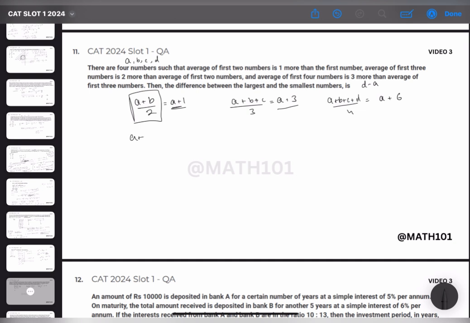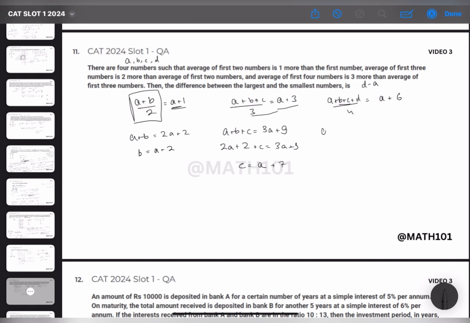So we get a plus b equals 2a plus 2, so b equals a plus 2. Using this, we get a plus b plus c equals 3a plus 9. Substituting b, a plus a plus 2 is 2a plus 2, plus c equals 3a plus 9, which gives c equals 3a minus 2a, that is a, and 9 minus 2 is 7.